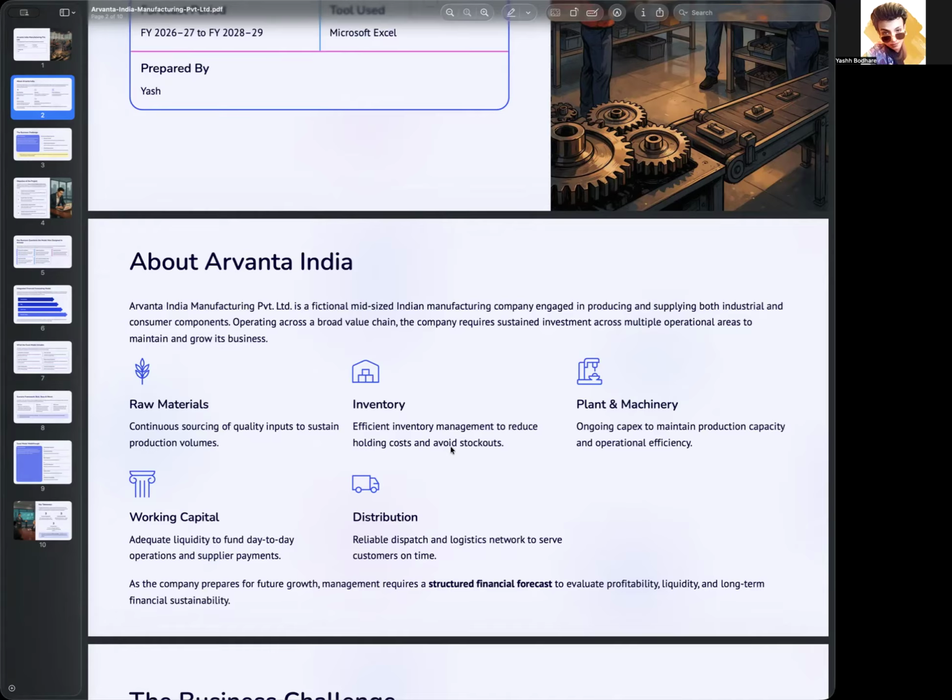Therefore, as the company plans for future growth, management needs more than a simple revenue forecast. It needs a structured financial model that can evaluate profitability, liquidity, investment requirements, and long term financial sustainability together.